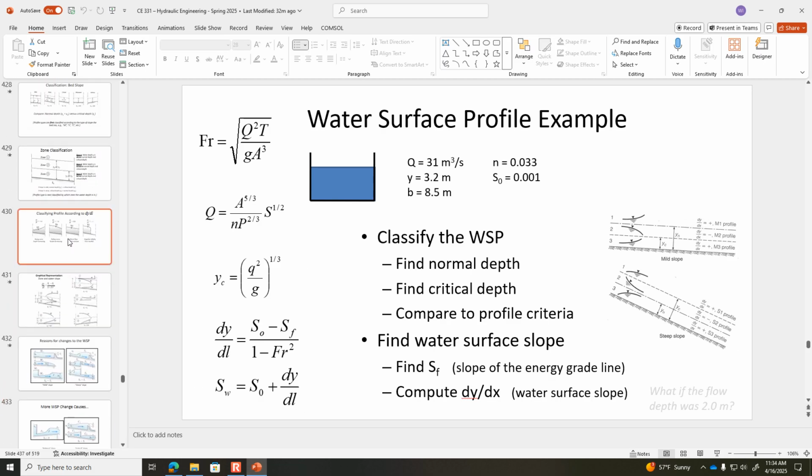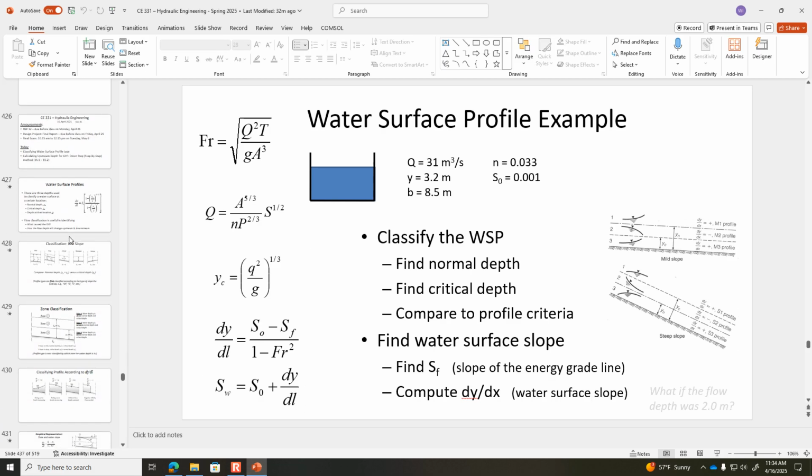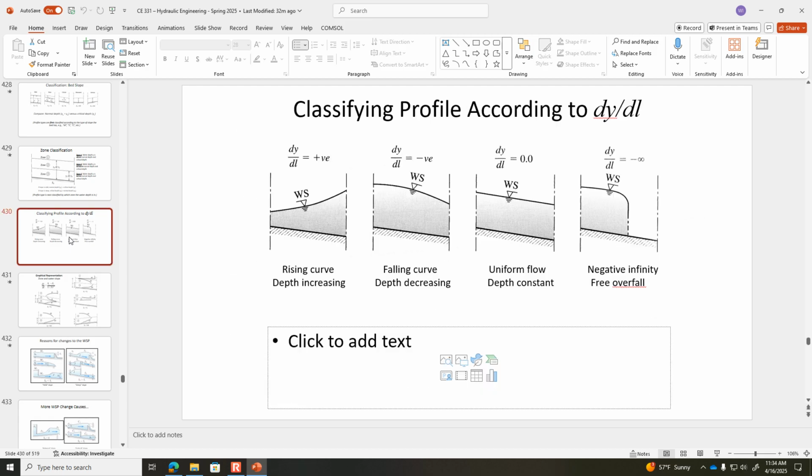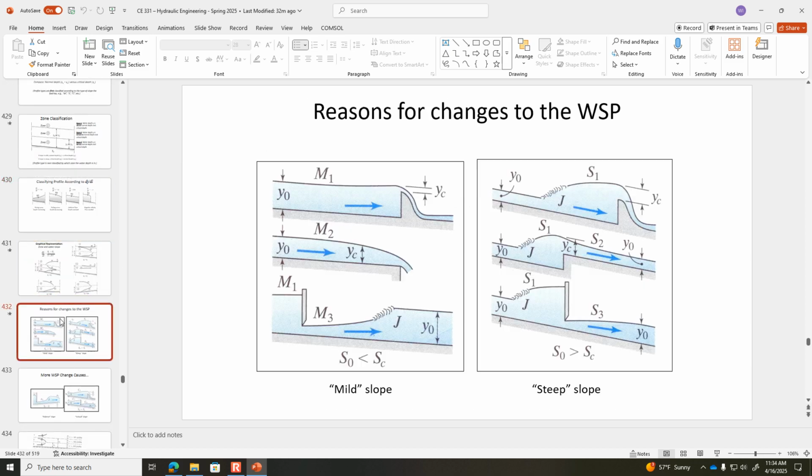Let's look at the figure again, because I think the figure that does a nice job illustrating that is this. Well, no, that doesn't actually do a good job illustrating it. This one does. Look at the M1 profile here.